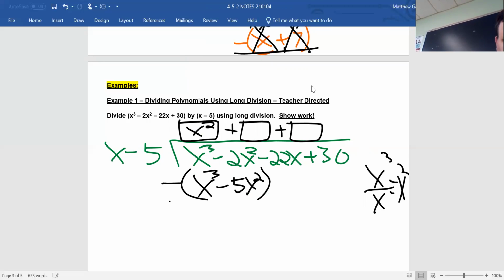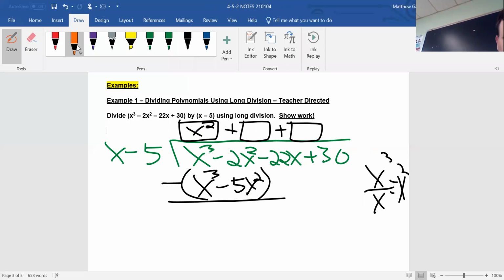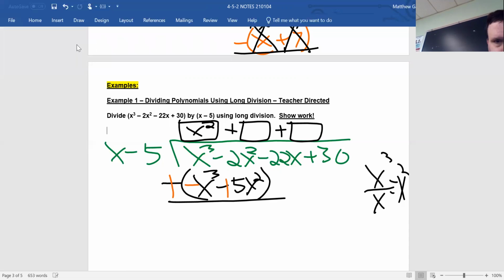Subtract going down, which means we're going to add the opposite. So x cubed cancels. Negative 2 plus 5 is positive 3.